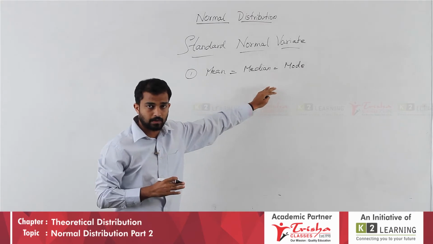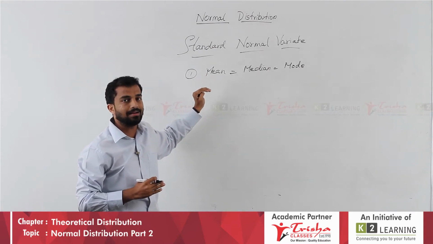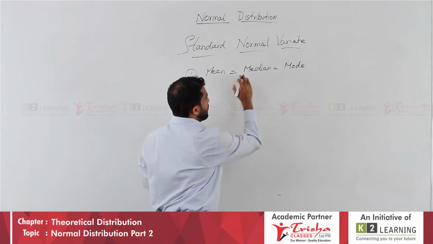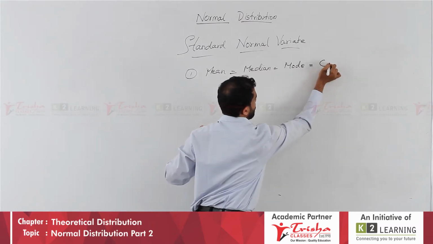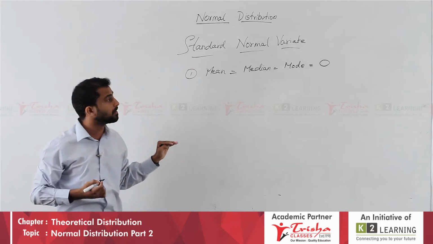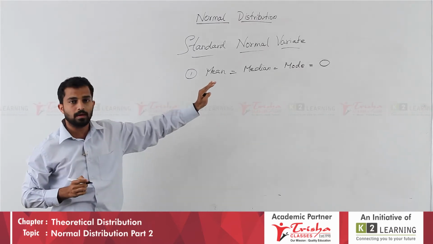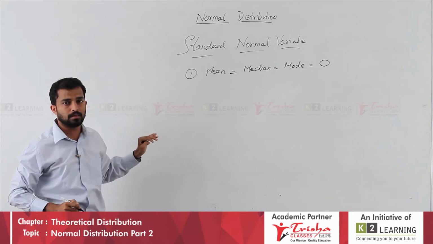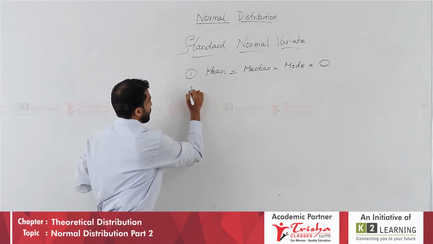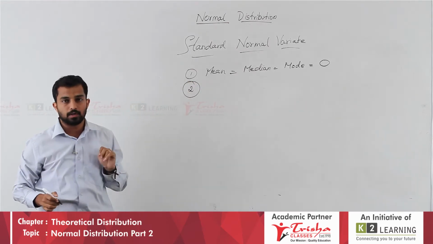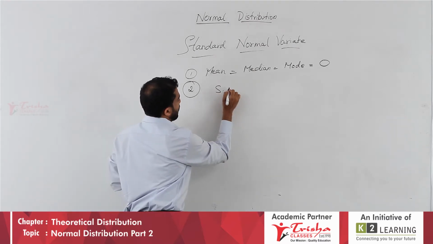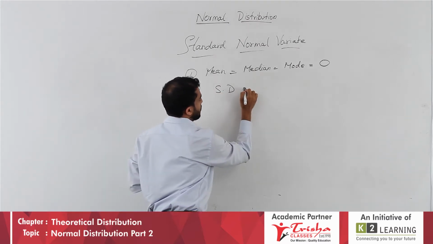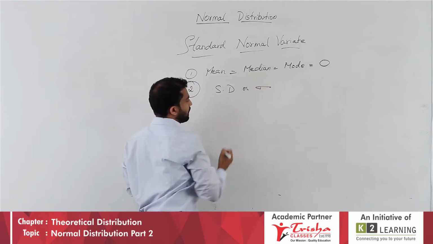mode all are equal, but in standard normal distribution mean is equal to median is equal to mode are all equal to 0. That means the value of mean, median and mode is equal to 0 in a standard normal variate. Next important point to remember is the standard deviation, SD, or we also call it sigma symbolically.